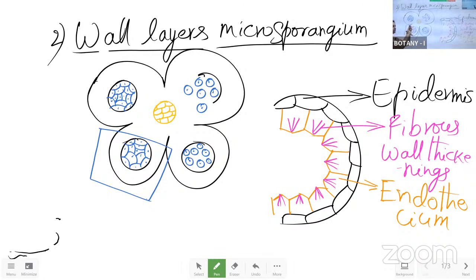If the microsporangium is like this, when will it release the pollen grains? Because somewhere it needs to split and break up. That splitting will be done with the help of the endothelial cells. Whenever they are shrinking, they will make the epidermal cells come along with them. Where these two lobes are joined is called the stomium.